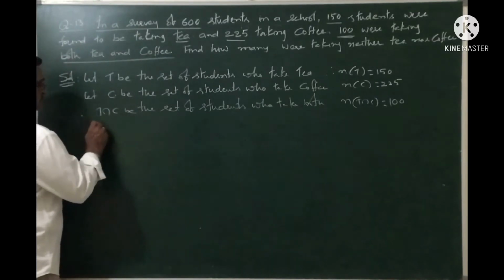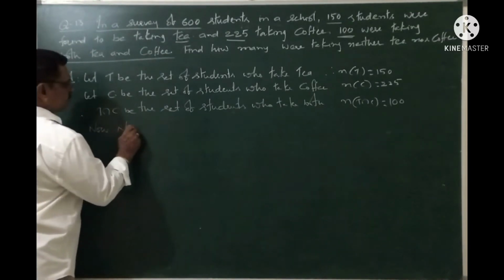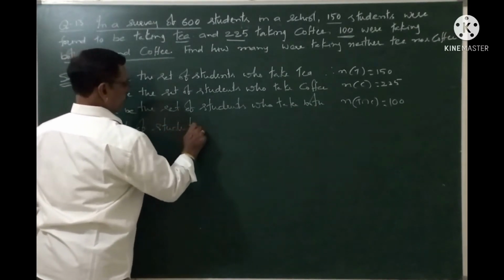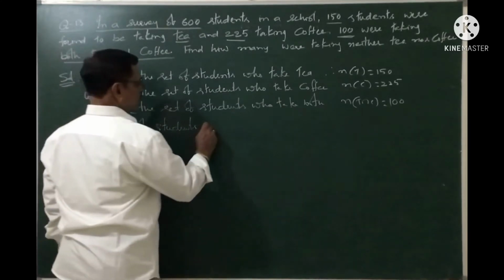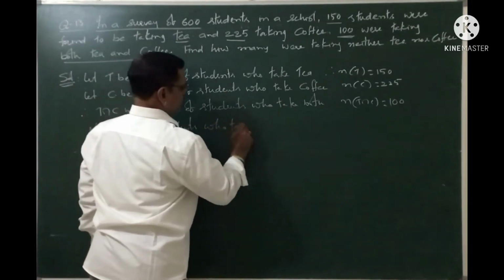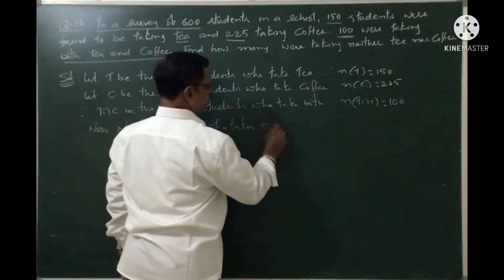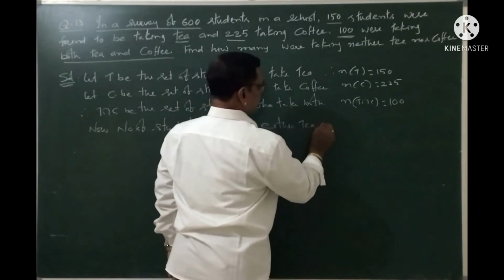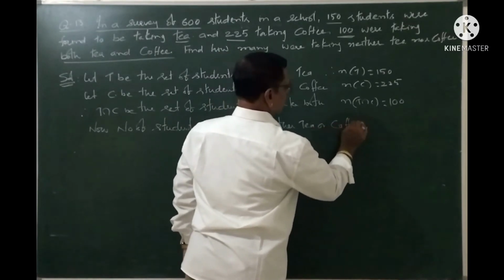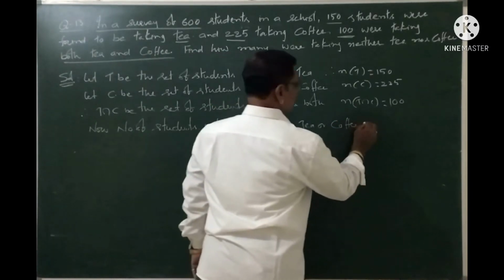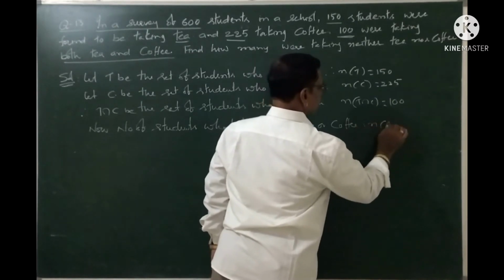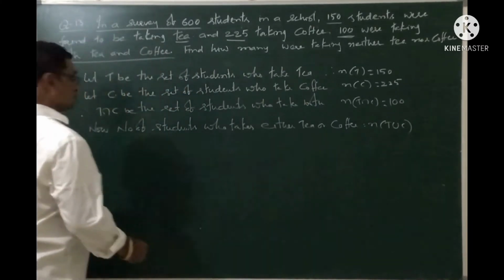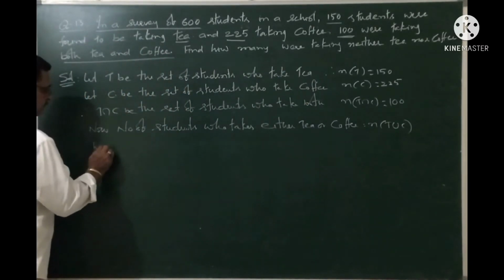Now, the number of students who take either coffee or tea, either tea or coffee, is equal to n of T union C. We have found this. What do we have?